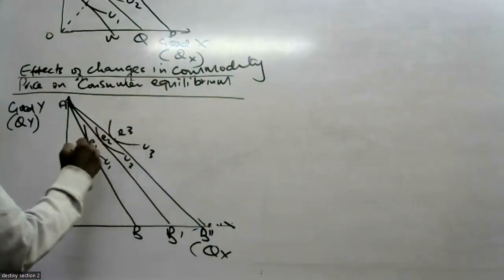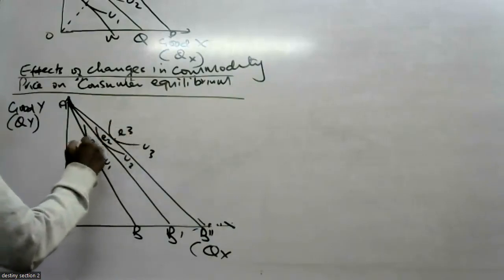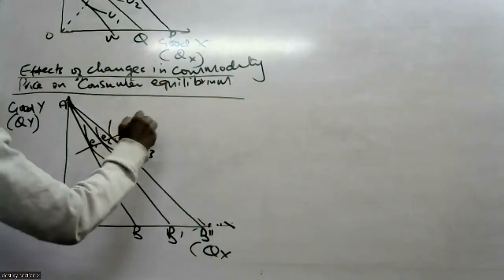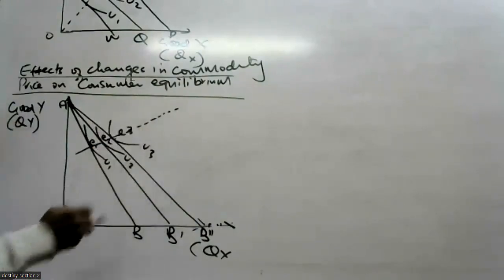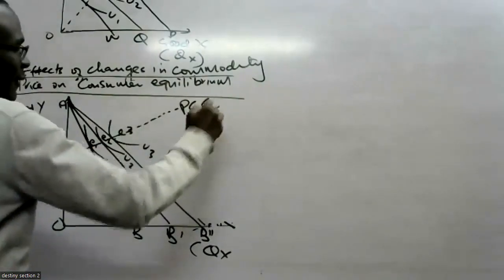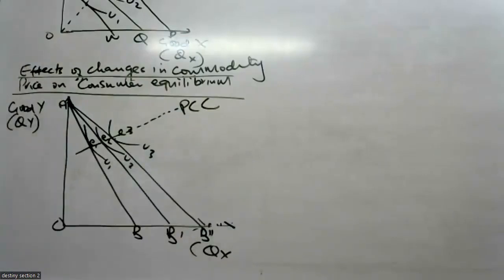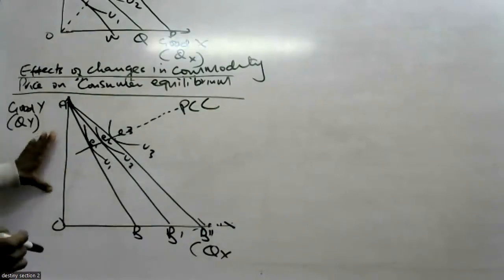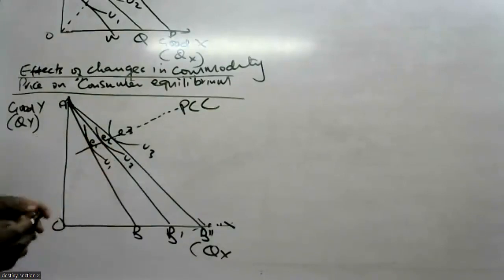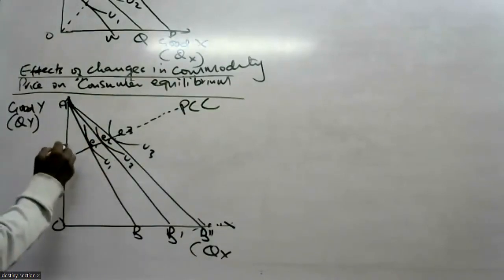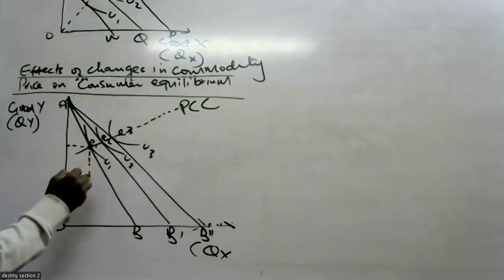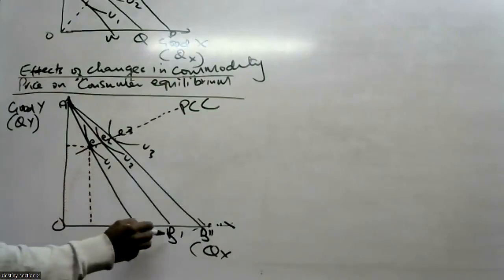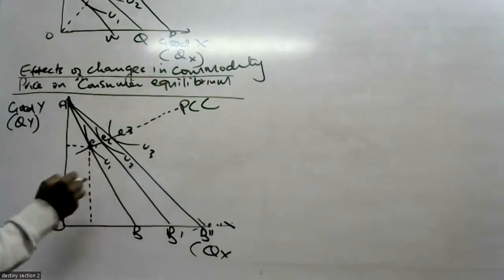Again, if you join those points of equilibrium, you'll get a line. That's called a PCC. PCC means price consumption curve. It shows what changes to the equilibrium points when the price of commodity X falls.